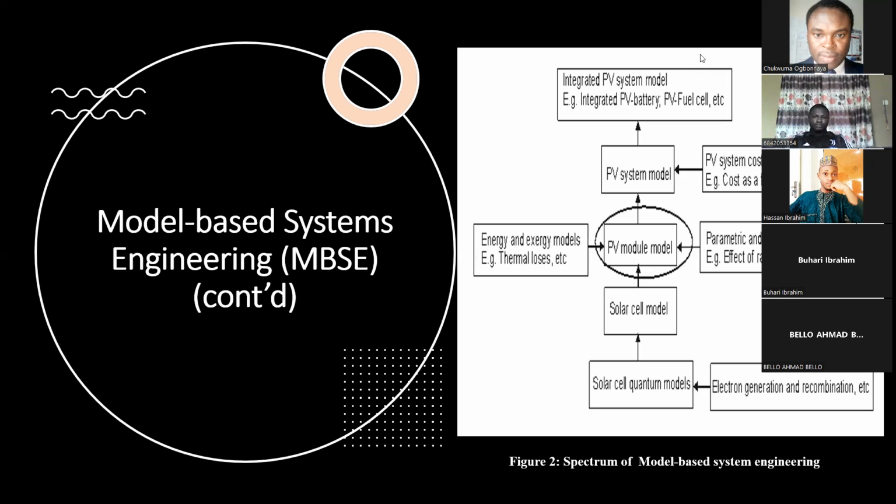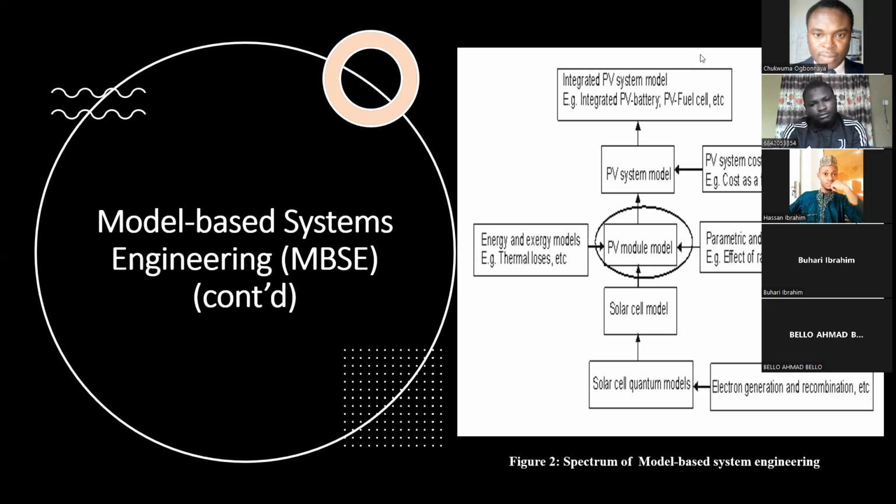You can also go deeper and begin to explore the quantum level of photovoltaic cells, up to the level of thinking about how electrons move, how you generate electrons, and how they recombine within the system.